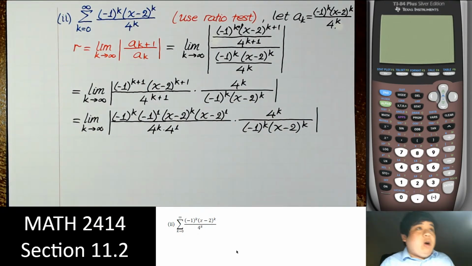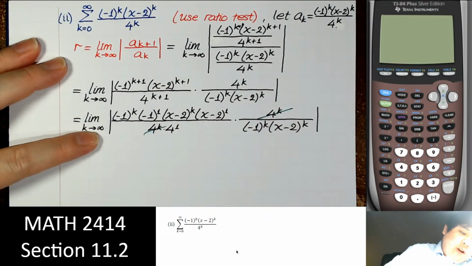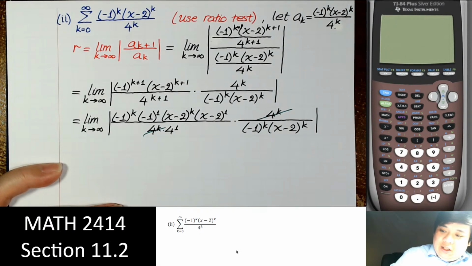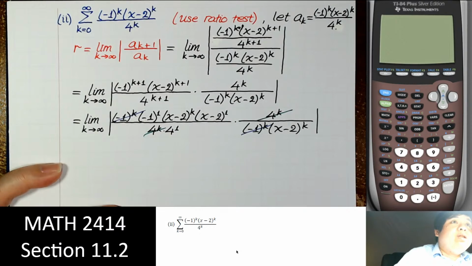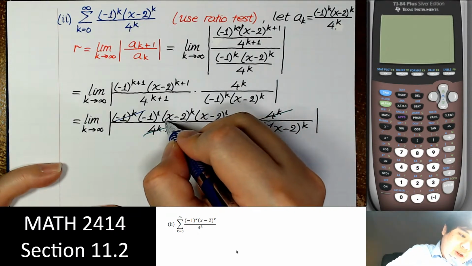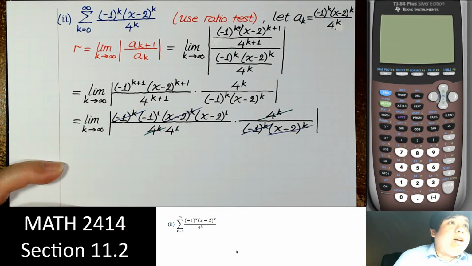Right, now try to simplify. 4 to the k cancels out. Negative 1 to the k cancels out. And x minus 2 to the k cancels out. So what's left?